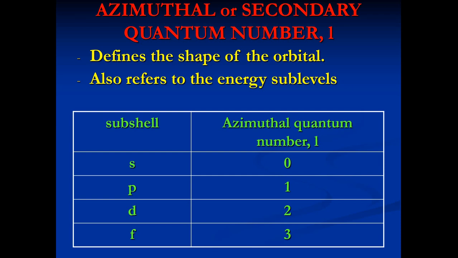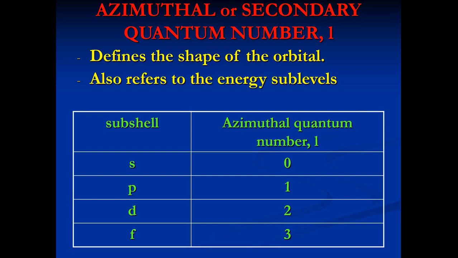If n is equal to 2 and you want to get the value of l, you use l equals n minus 1, so l is equal to 2 minus 1, which gives l equals 1. If n is equal to 1, l is equal to 1 minus 1, which is equal to 0.